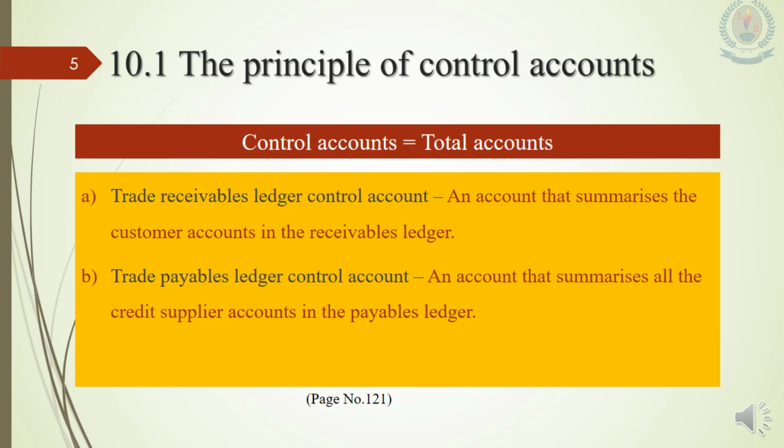Then we add up the closing balances of the individual trade receivables accounts in the trade receivables ledger to check whether both total balances agree. If not, the control account can be used to identify the errors.